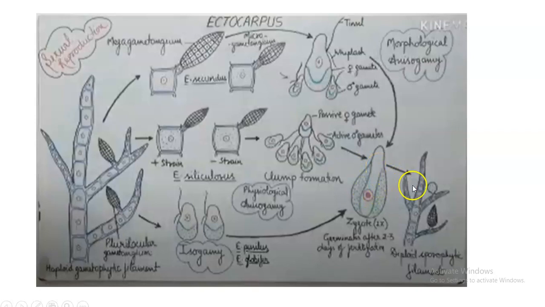Again, this diploid zygote will germinate into a diploid sporophytic plant. Once the flagellum is contracted and it is attached to the female gamete, the fusion will happen within 20 seconds. So this is the crux of the sexual reproductive cycle in Ectocarpus.